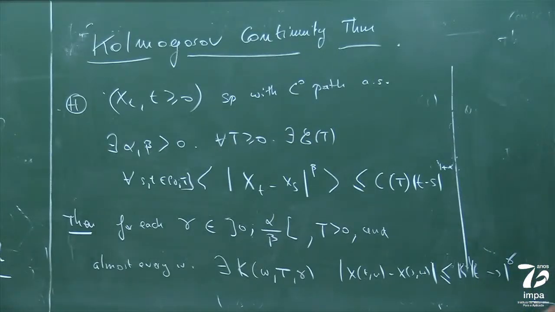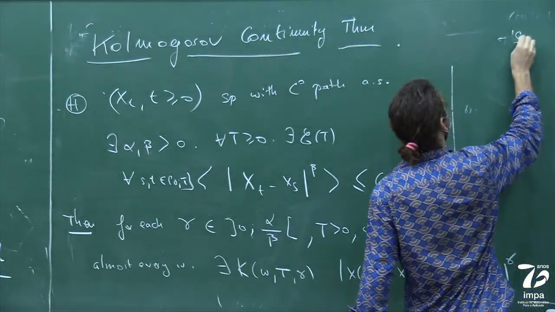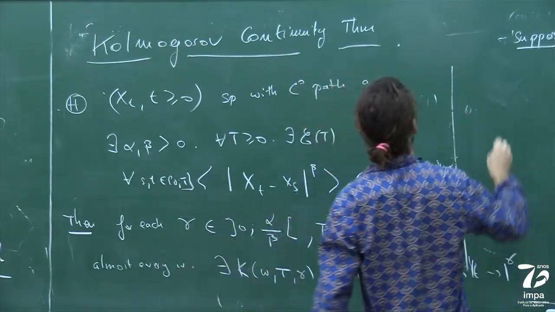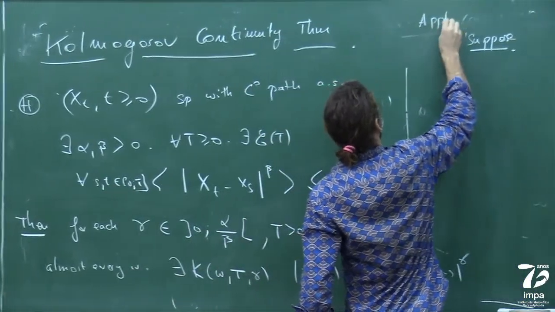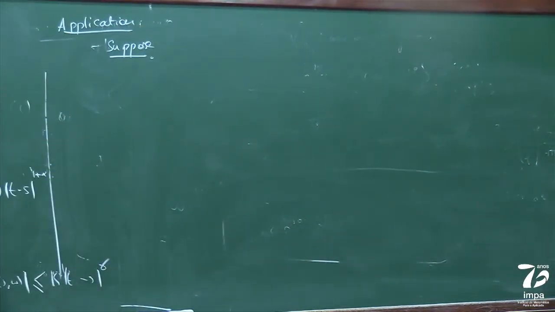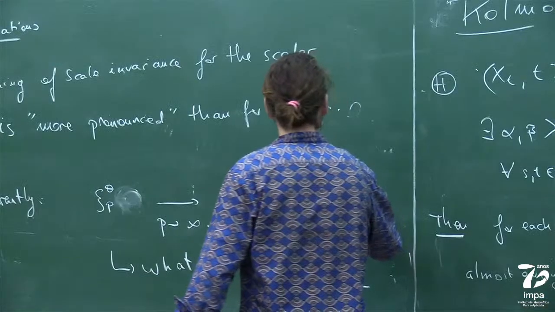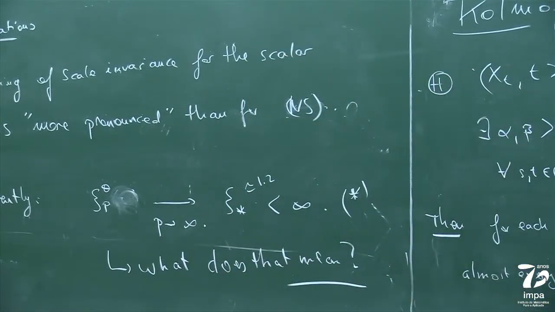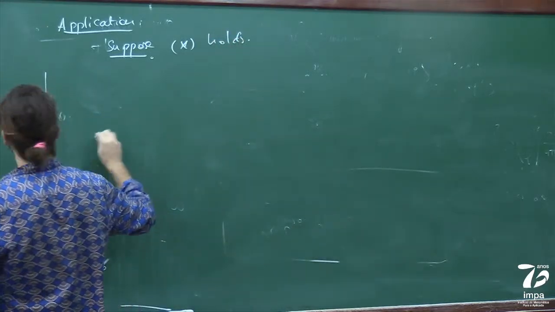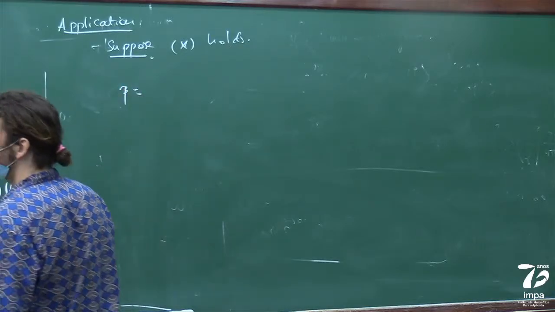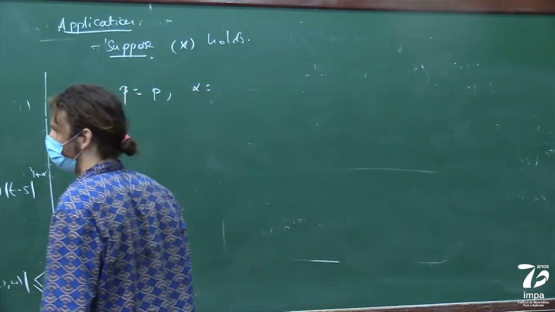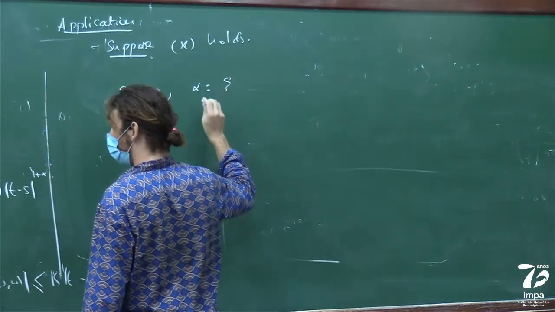Now, as an application, suppose that this holds. Take beta equal to p, and alpha equal to zeta_p minus 1.